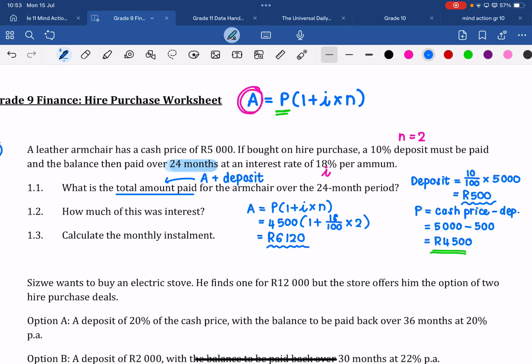Okay, so once you've calculated A and you've calculated your deposit, you can then say, therefore, total amount equals 6,120 plus 500, so 6,620 Rand.